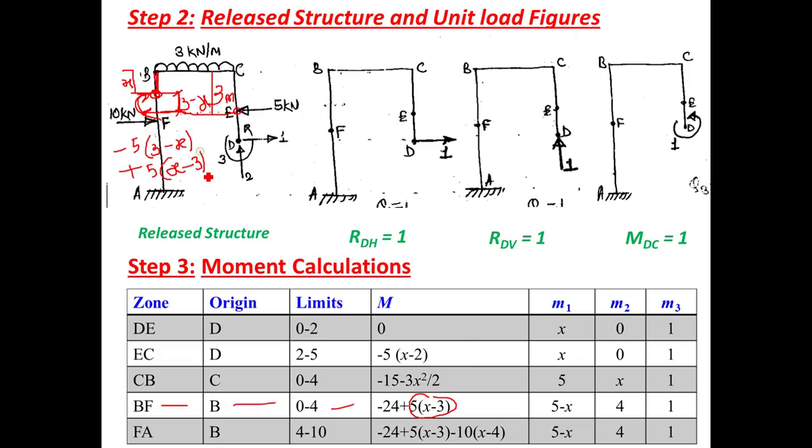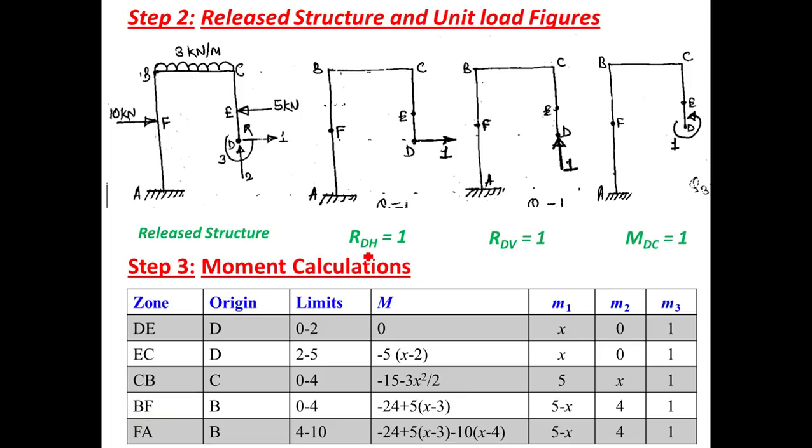So please understand, it is plus 5 in bracket x minus 3. That's why here it is written plus. Moment is clockwise means minus, but in this bracket the term is actually 3 minus x. We have taken that minus outside, it becomes plus, and this becomes x minus 3. So this is capital M column in the fourth zone.